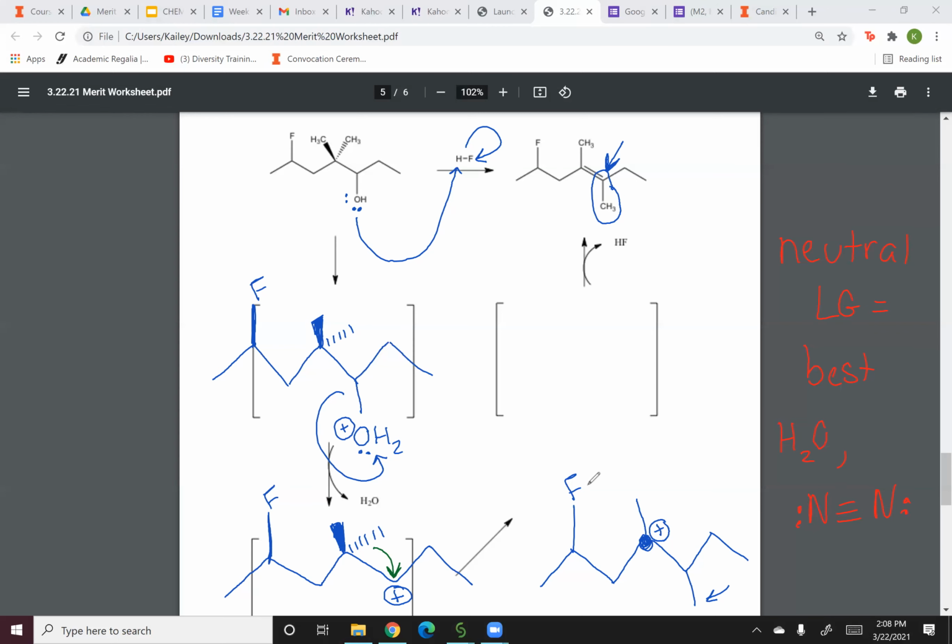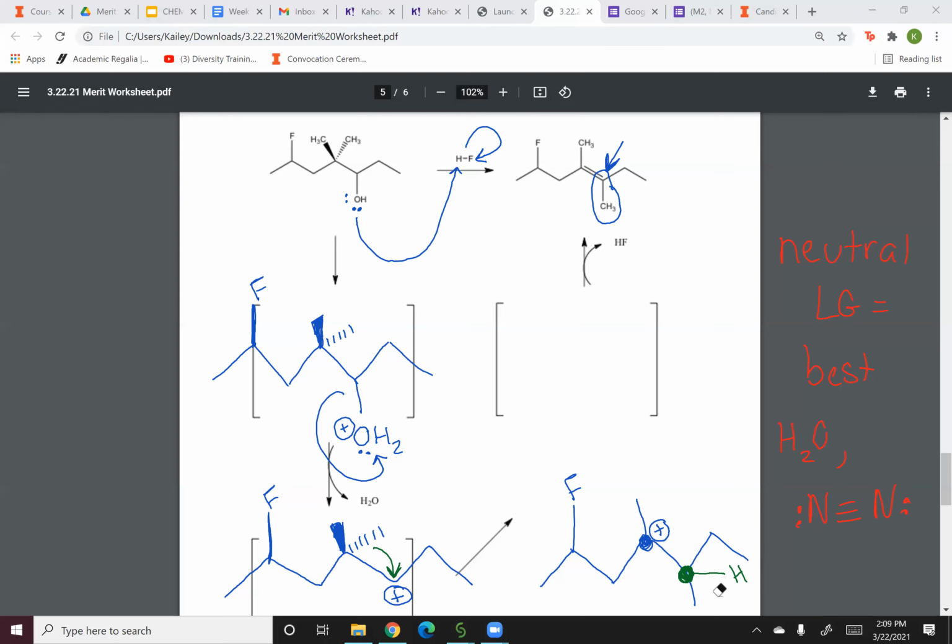The fluorine deprotonates that beta carbon and then the electrons from the hydrogen go to the carbocation. Perfect. So what beta carbon am I going to deprotonate? The one where you did the rearrangement. Yeah, so this one right here. And that's because F minus is a small base. Small bases follow Zaitsev's rule. And if I want to form the most stable alkene, I will have to deprotonate from this position here. Does that logic make sense to everyone?